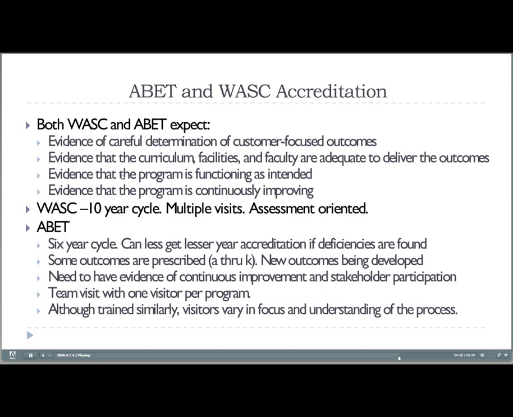Now let me add, I've been through 5 ABET accreditation cycles, 5 visits. I've helped write most of those self-studies, and I've always been involved with the visitors in some form. And let me say that while most of them are fairly helpful and very knowledgeable, they do vary in what they focus on, and they do vary in their understanding of the assessment process.